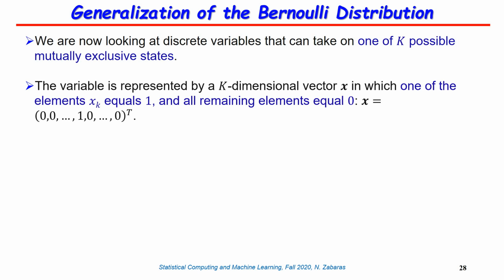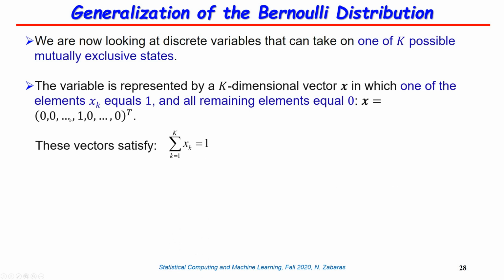You can think of this random variable having capital K states, and only one of those states is on, every other state is off. Obviously this is going to be very useful for many applications in machine learning.